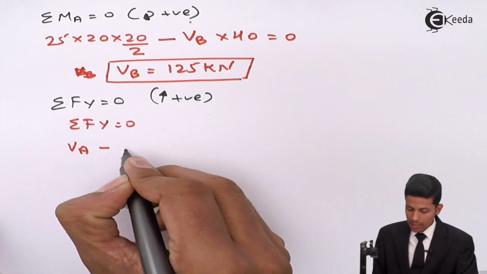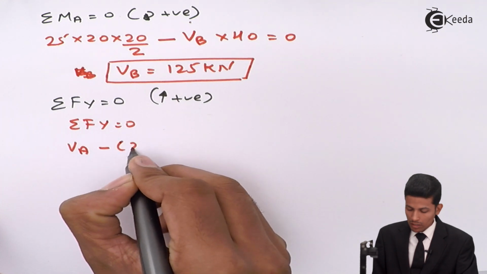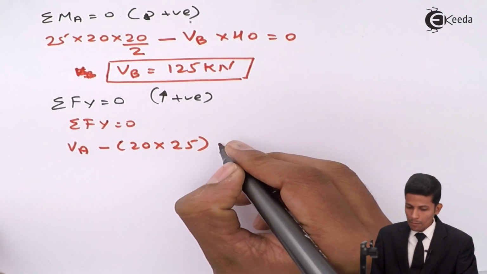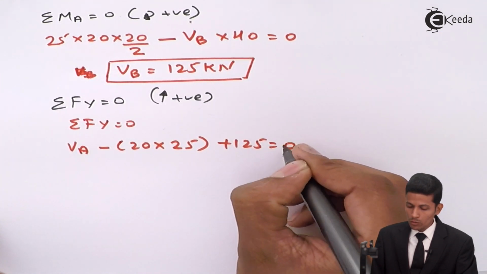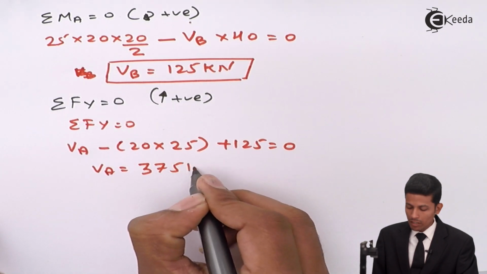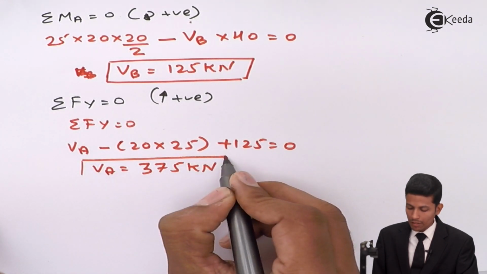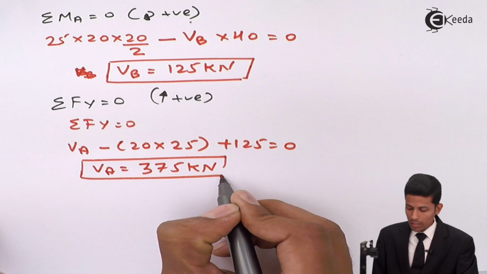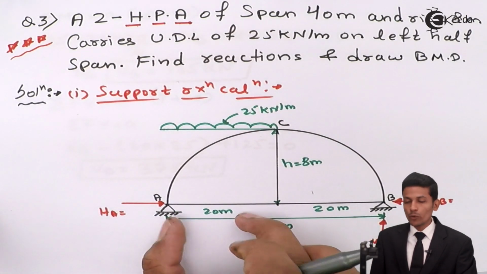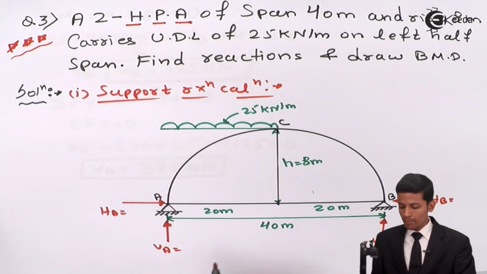VA minus 20 into 25 plus 125 equal to 0. So your VA will come out as 375 kilonewton. 375 plus 125 is 500, and 25 into 20 is also 500, so it is balanced.